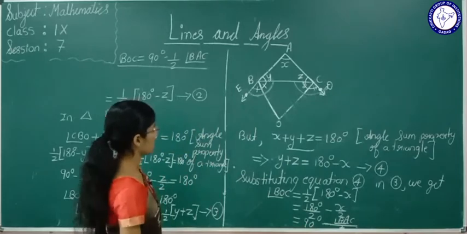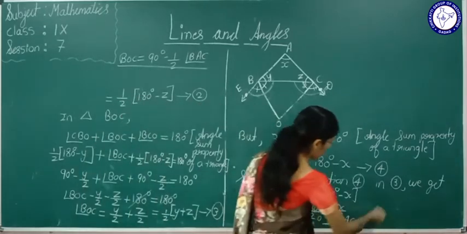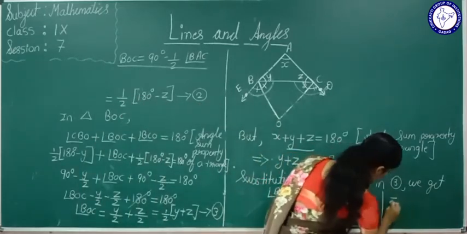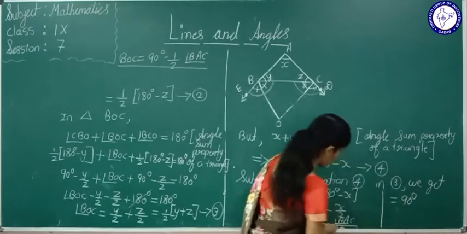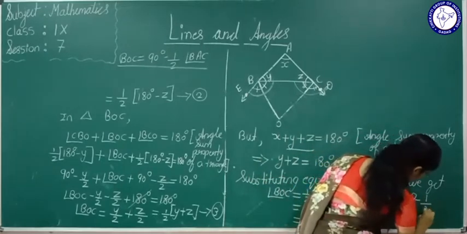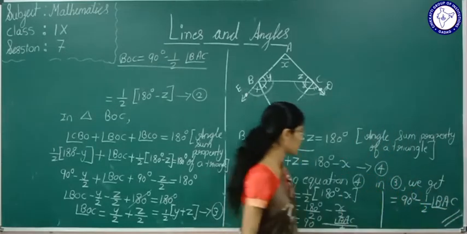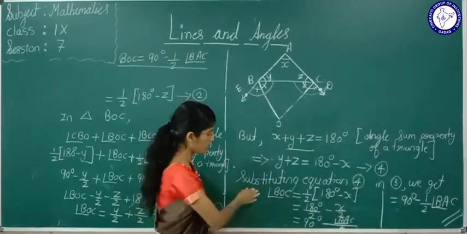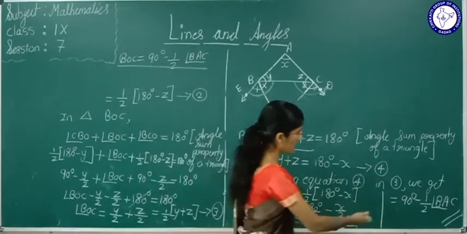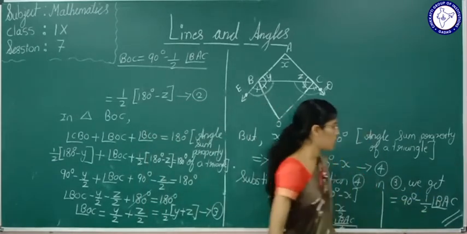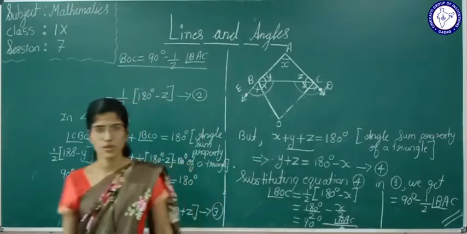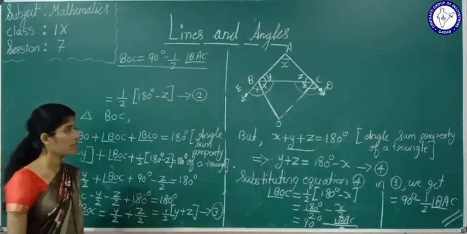This can be written as 90 degree minus 1 by 2 angle BAC. We wanted to prove this only, that is angle BOC is equal to 90 degree minus 1 by 2 of angle BAC. Okay. Now we will see the exercise part.